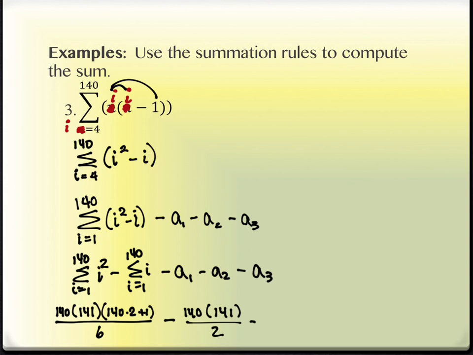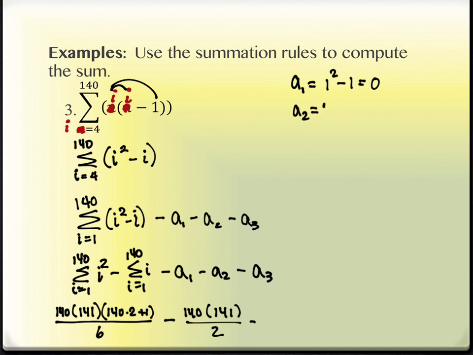So I'll write it up here separately. A1 means that I'm putting the number 1 into the formula. You can put it in the original one, or you can put it in the one that we distributed. Either way, I'm going to put mine in the distributed one. What is 1 squared minus 1? That one's actually 0, so if I had left that one out, it wouldn't have actually changed anything. The next one I don't think is, though.